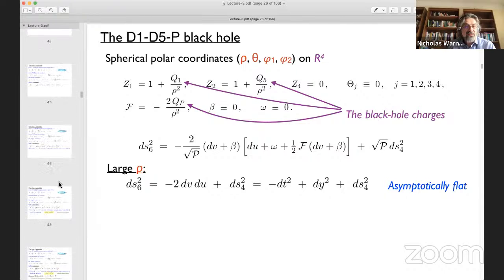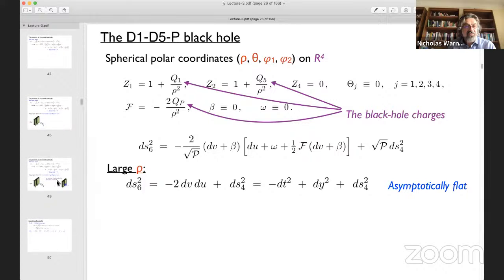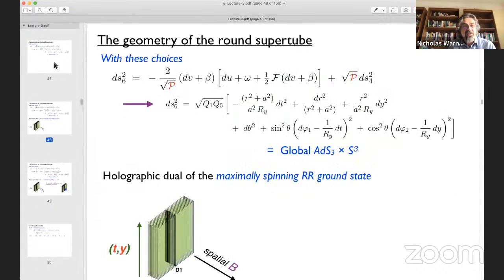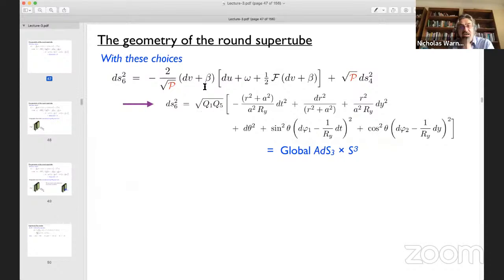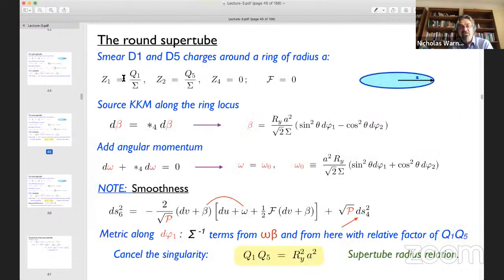I don't know whether that answers your question, but also the very important point is that, from the point of view of the supertube, it's extremely important that this fiber is present and this beta is present, because it desingularizes what is a priori an extremely singular solution. This is what Samir told us way back when: if you start with a D1, D5 solution, this is a terribly singular smeared black hole around a circle.